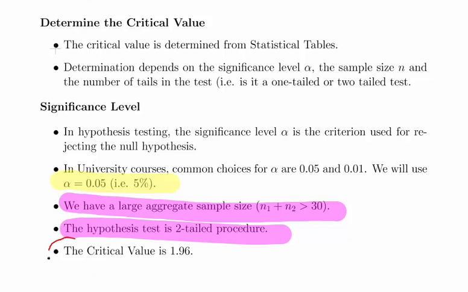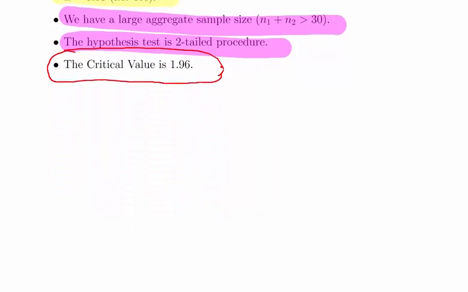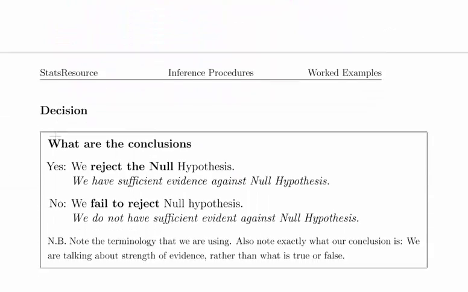So hopefully that would be pointing you towards the conclusion that the critical value there is 1.96. If not, you've probably gone a little bit too far in watching this video. There's stuff about critical values that you probably need to learn about first. So you could go back to those.